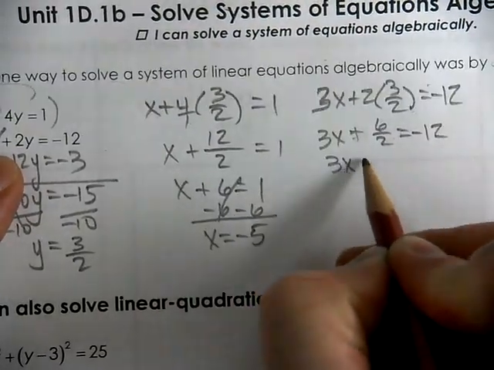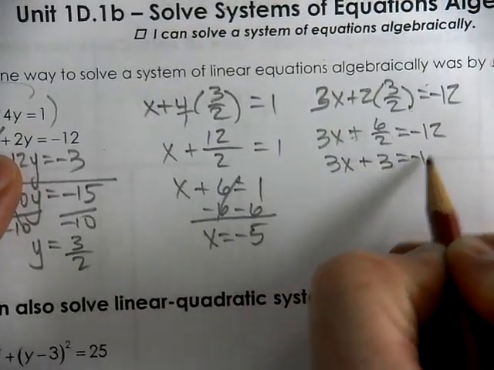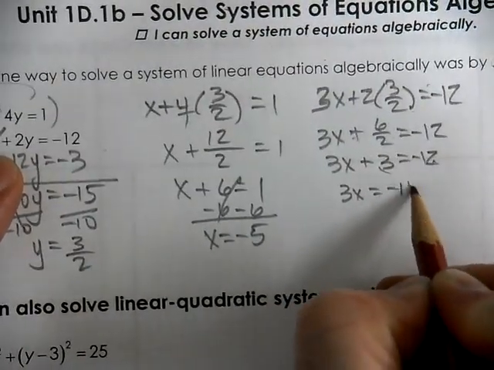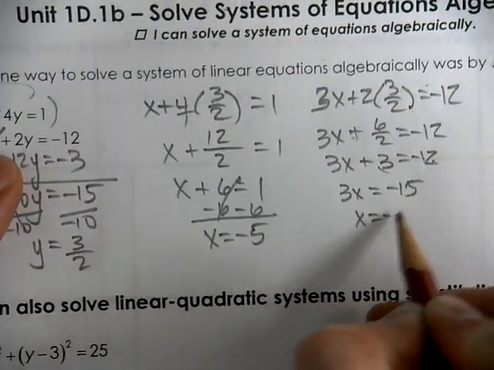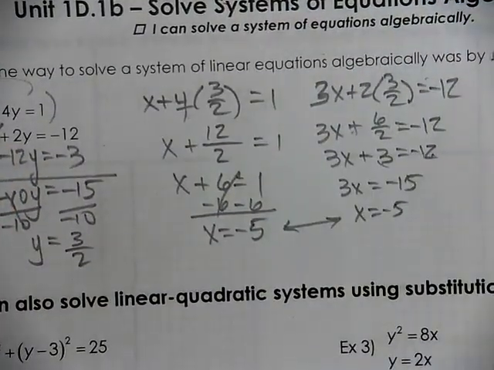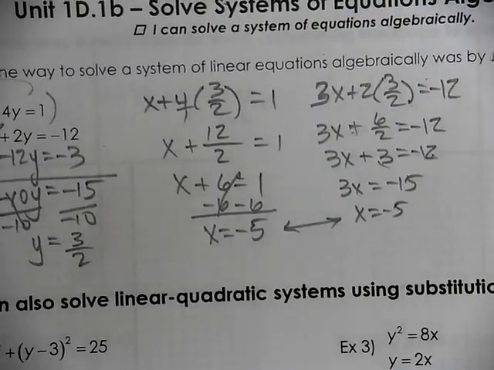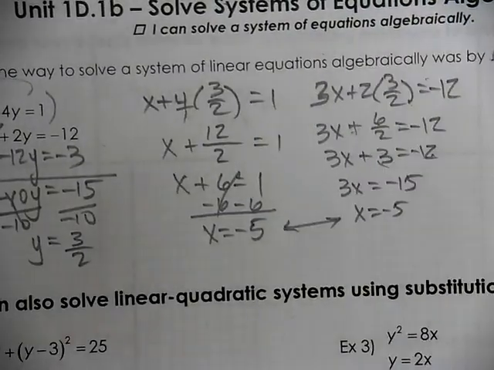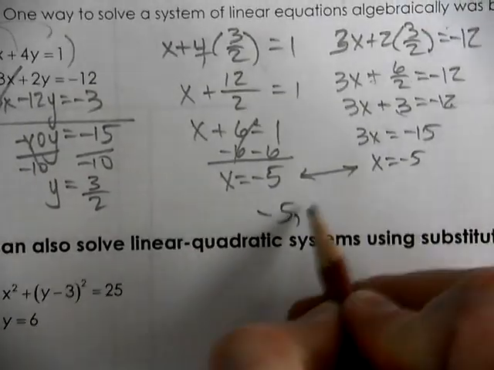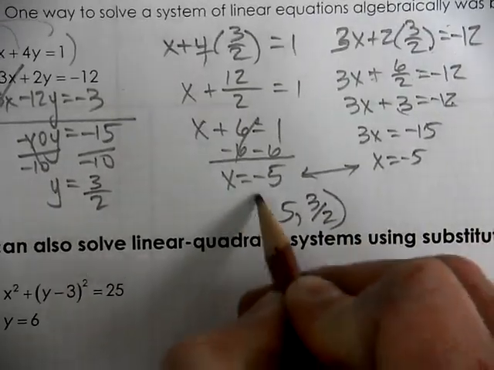And of course, that can be reduced down to 3, and subtract the 3 across to make 15, and divide by the 3 to make -5. You should get the same answer. It doesn't matter which one you plug it into. You don't need to plug it into both, but you do need to plug it into one of them. So my answer is -5, 3/2.